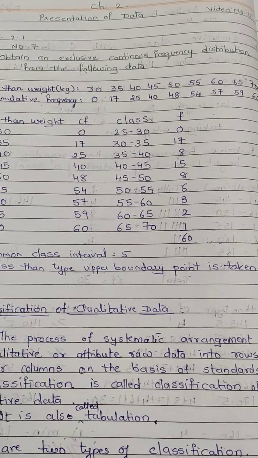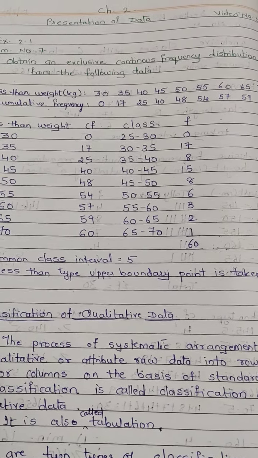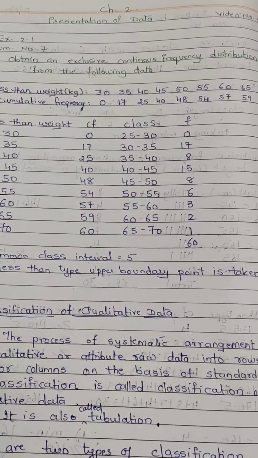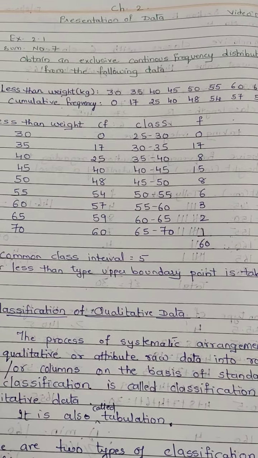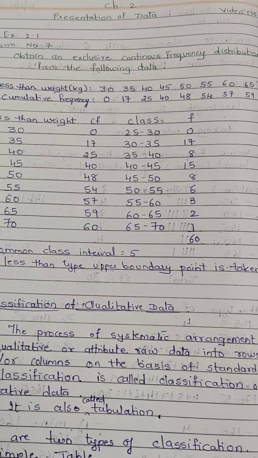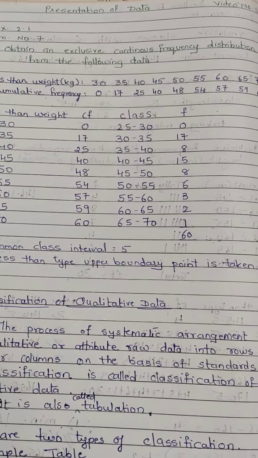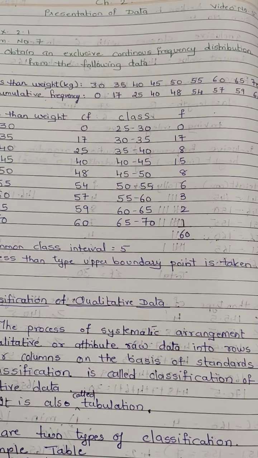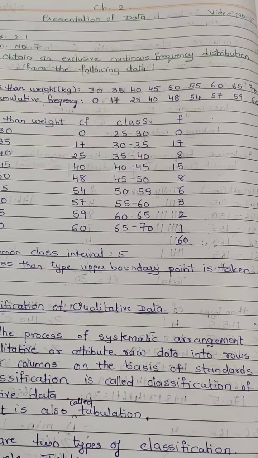Earlier in the previous videos as well as during our online classes, we have come across the frequency distribution of discrete and continuous data, obtaining less than and more than type of cumulative frequency distribution, converting inclusive classes into exclusive continuous frequency distribution, as well as to prepare the frequency distribution with the help of mid value as well as class length given to you.